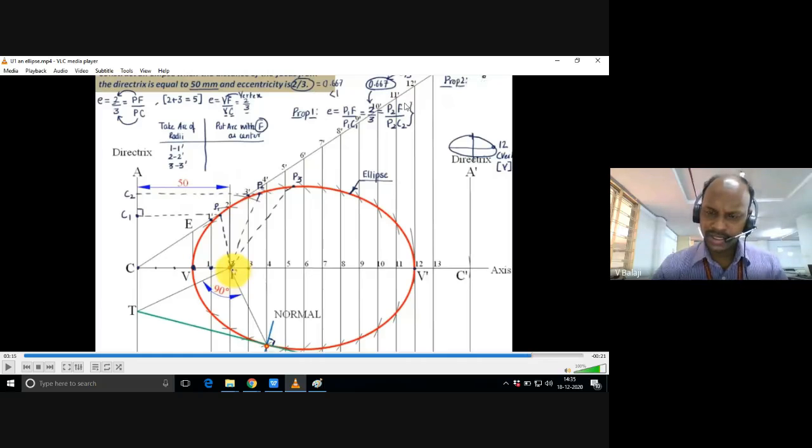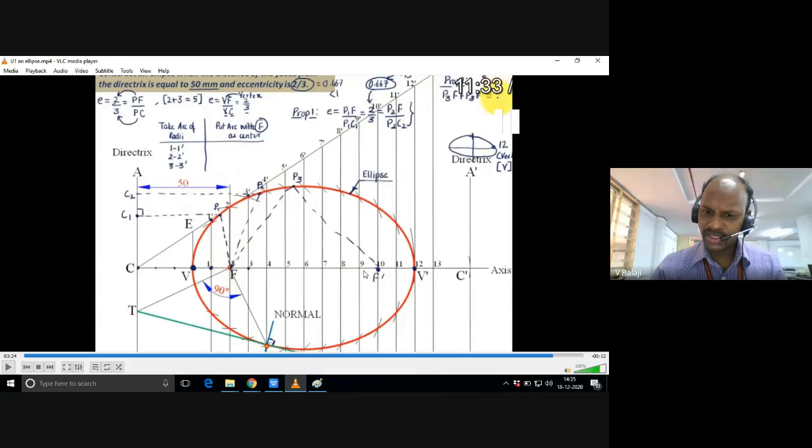Now, if you take any point, let us take point P3 somewhere here, join it to focus 1 and the same point to focus 2. Where is focus 2? I told you, at 20 distance only, from the other vertex.